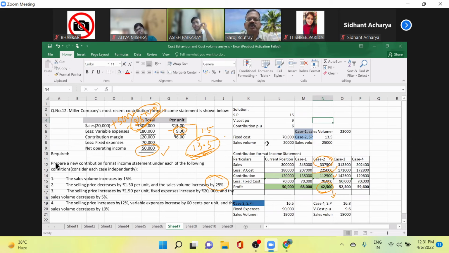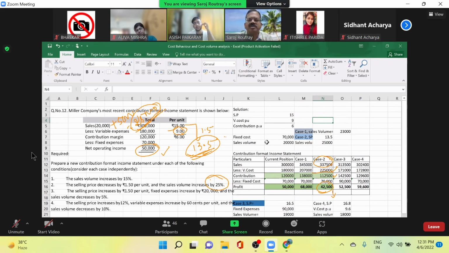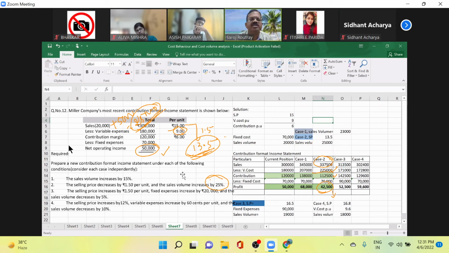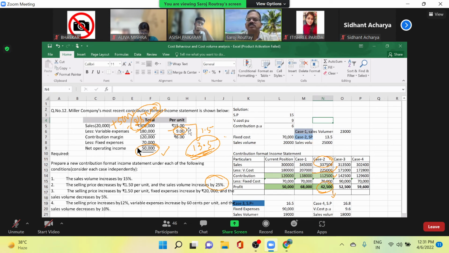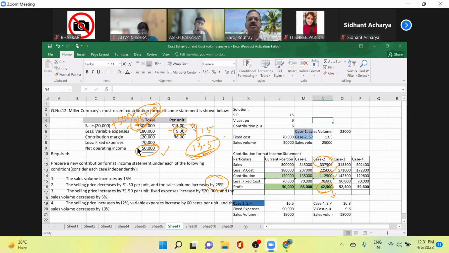Okay. I see what you are saying, that can be applied. That we apply in many situations, where we only see changes in contribution. But in this case, 13.5, so 4.5 is the contribution.